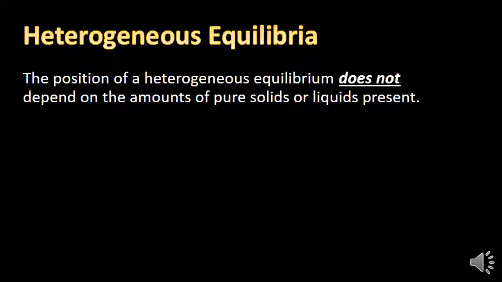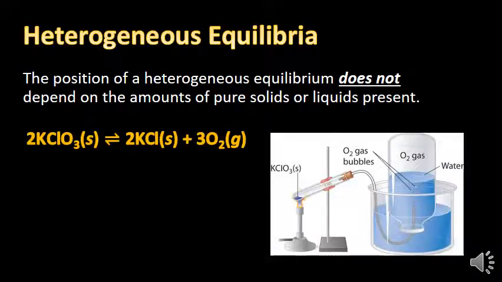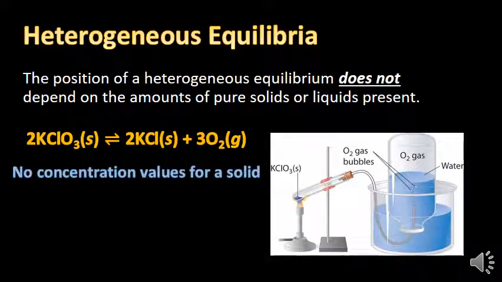The equilibrium position does not care about solids or liquids. Why? Because solids and liquids are, kind of think of it as, once they're made, they ain't going back. So the good news is we get to ignore them because their concentrations, their values become constant.